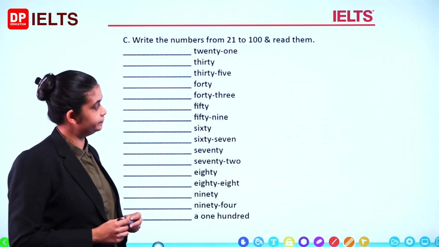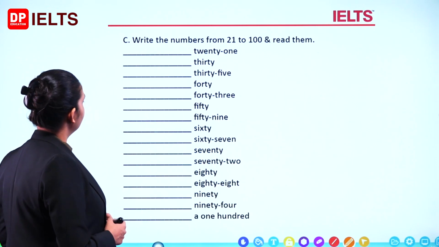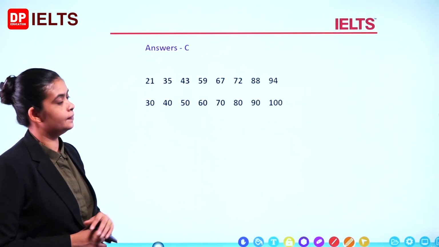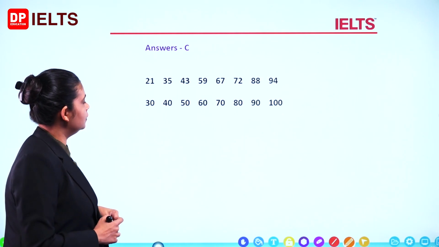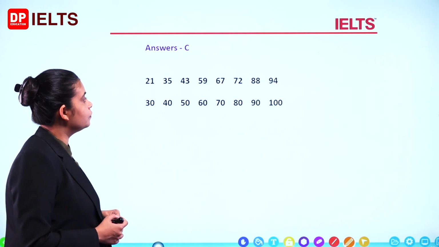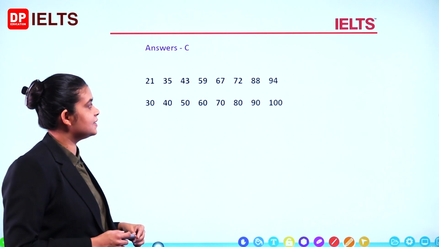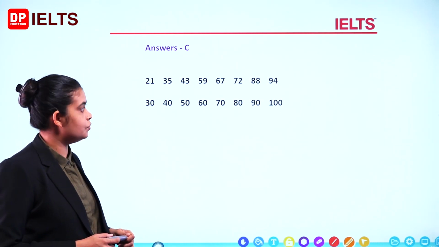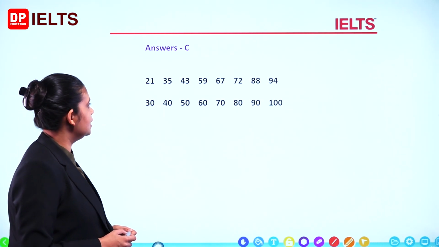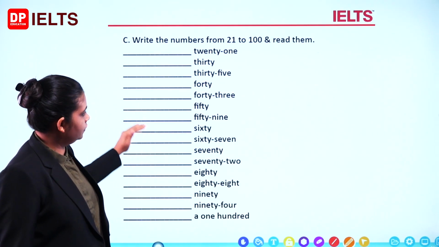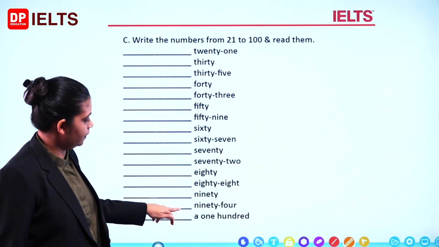All right. So, you would have heard these numbers: 21, 35, 43, 59, 67, 72, 88, 94, right? So you've kind of heard it here and there.